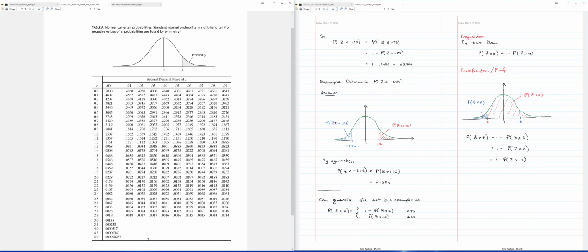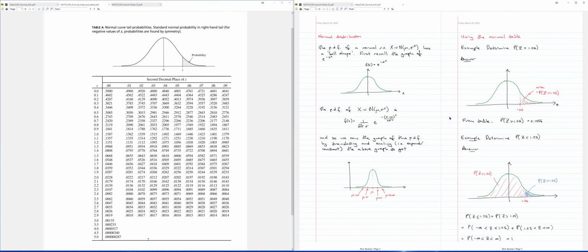Okay, so we continue calculating probabilities for the standard normal. Let's recap a little bit. This is the easiest case to calculate because it is just going to come directly from the table. Where it's now less than, and again for all of these you should draw a diagram.